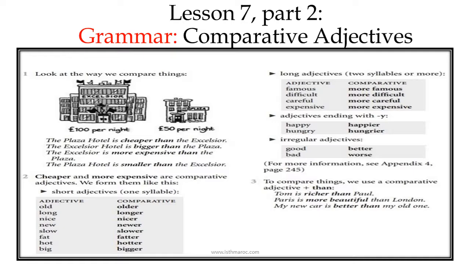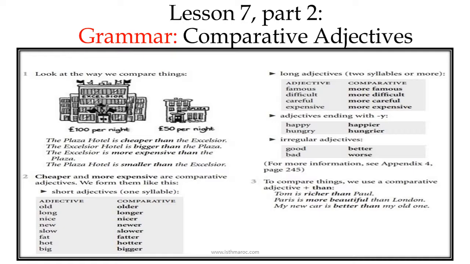The third sentence, the Excelsior is more expensive than the Plaza. So more expensive than. This is a second type of adjectives, which is long adjectives. Before I speak about long adjectives, I'd like to make a remark about short adjectives.